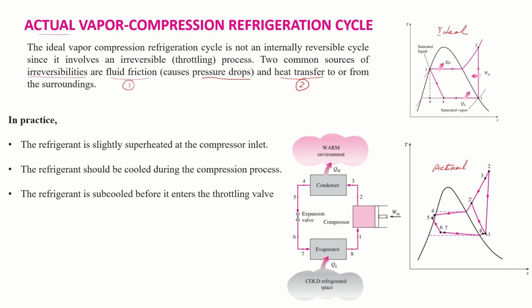In the actual vapor compression cycle, in the compression process, the vapors are compressed from state 1 to 2 dash. Instead of reaching state 2, it now reaches state 2 dash.